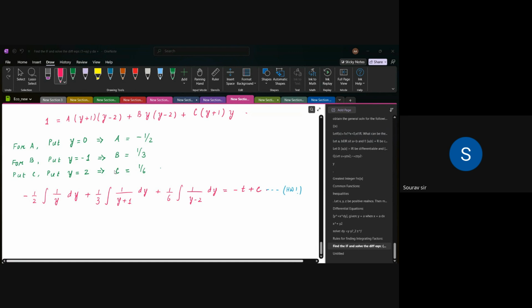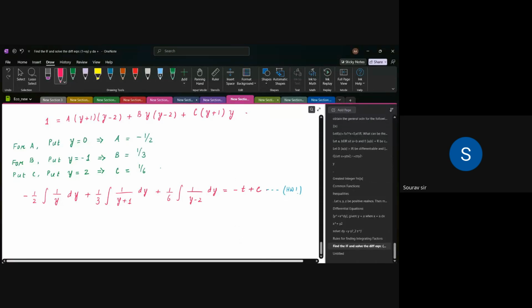If not, then maybe I should discuss this first, and then we will go into the next part of our discussion, which will be the second order linear differential equations.